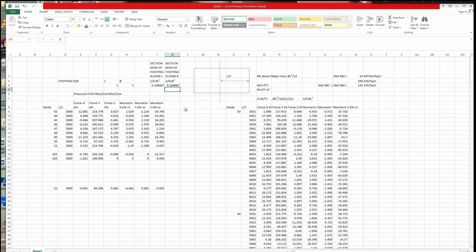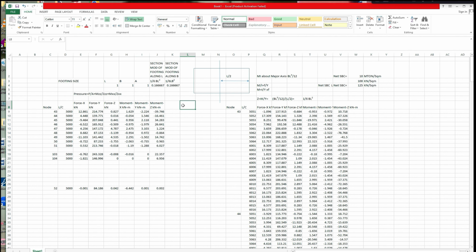Both are the same. Before computing the pressure, we have to compute the area also. So the area of the footing is 1 into 1. So P by A.